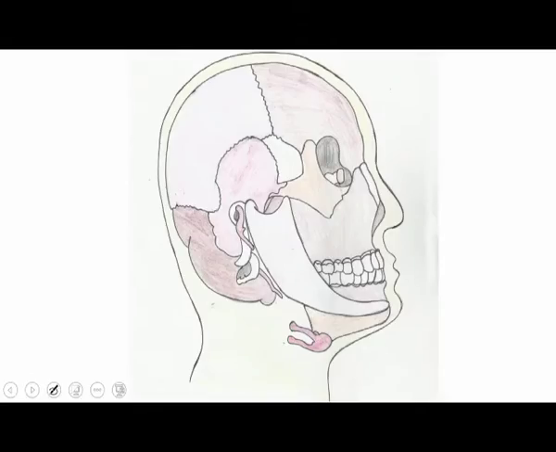So this is roughly the diagrammatic structure of the human skull. If you see here in the front part, this region is facing the forehead. So this is called frontal. This is the frontal bone, and this bony part is in the forehead region.